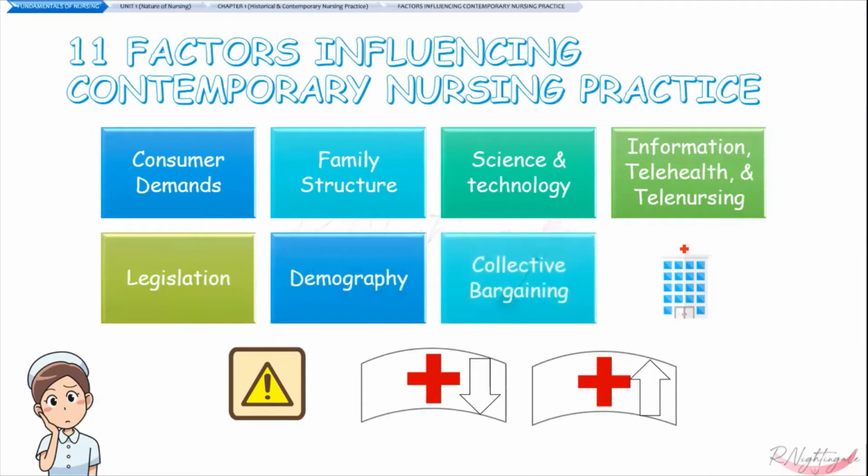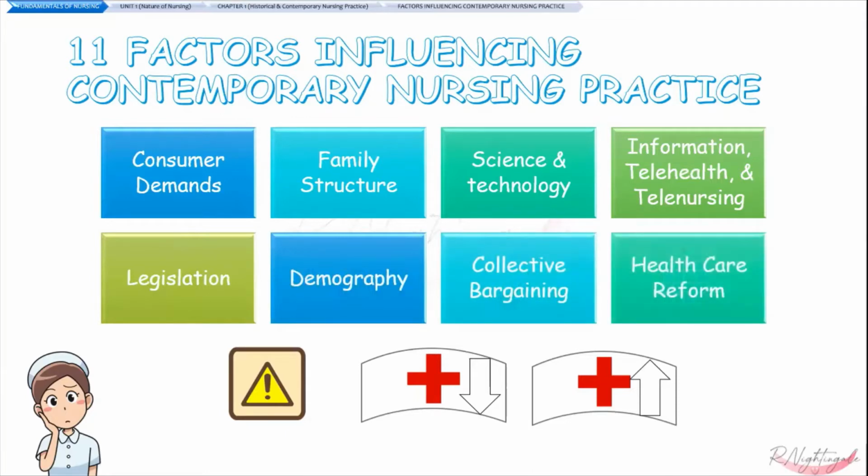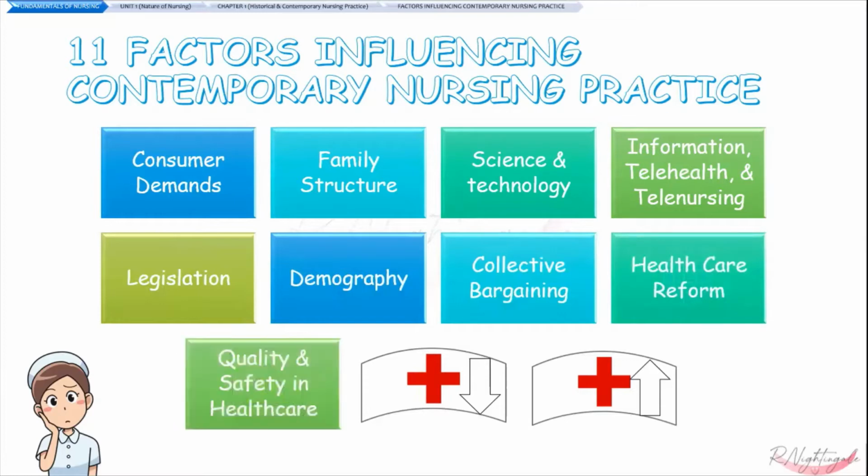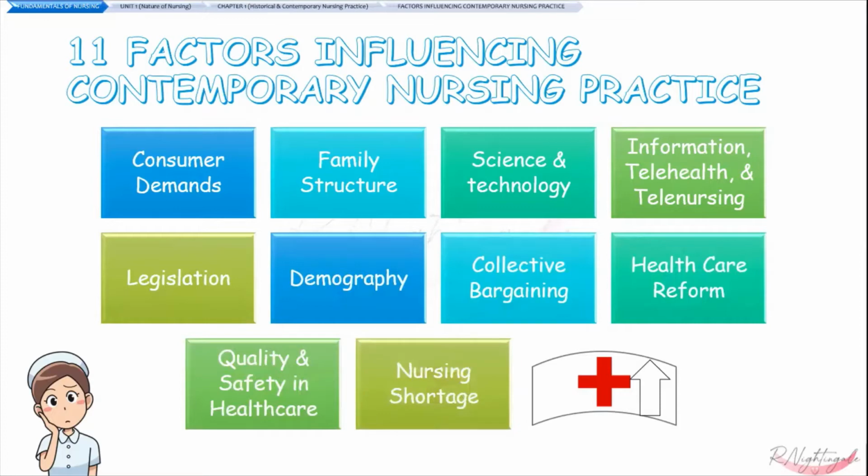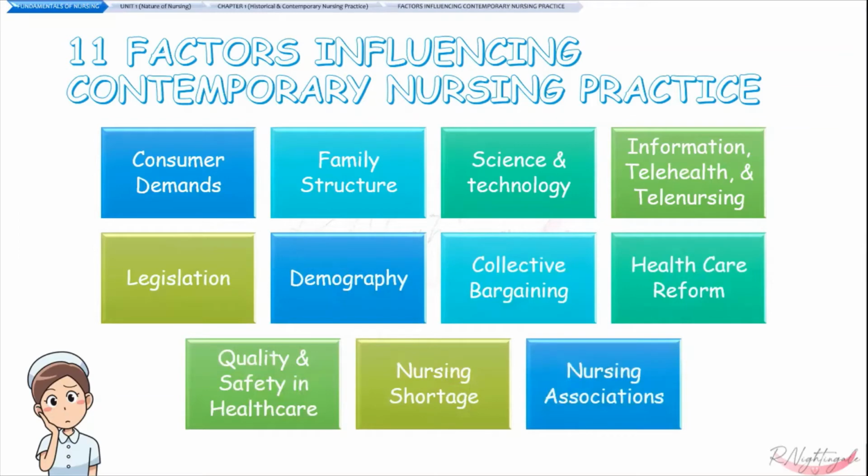A shovel for collective bargaining. A hospital for healthcare reform. A warning sign for quality and safety in healthcare. A cap with a downward sign for nursing shortage, and a cap with an upward sign for nursing associations. So these are the 11 factors influencing contemporary nursing practice, and we're going to define each of these.